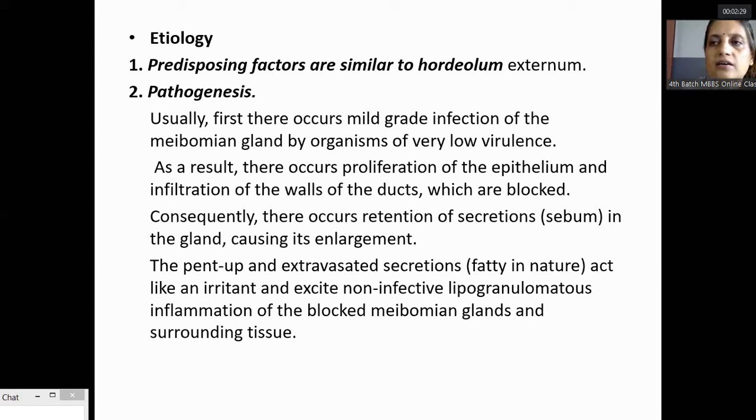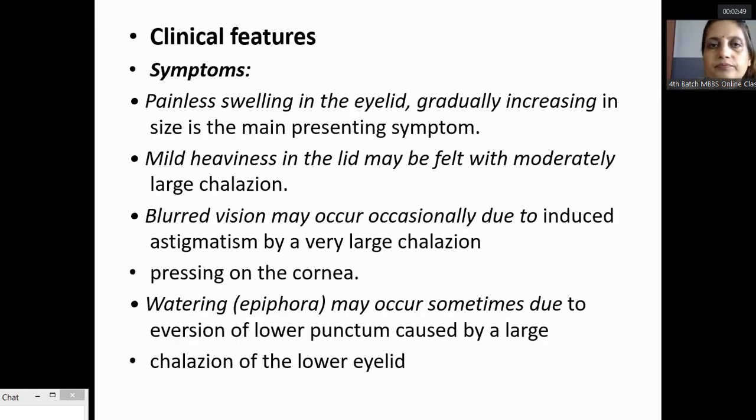Consequently there is retention of the secretions in the gland, causing its further enlargement. The pent-up and extravasated secretions act as an irritant and excite a non-infective lipogranulomatous inflammation of the blocked meibomian gland and the surrounding tissues.